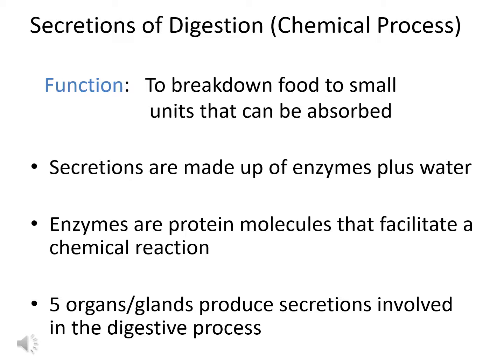And if you remember what an enzyme is from chemistry or another class, enzymes are simply proteins. They're protein molecules that facilitate or act as a catalyst for a chemical reaction. We're going to take a look at 5 different organs and/or glands that produce these necessary secretions that are involved in the digestive process.